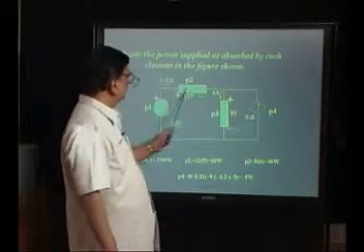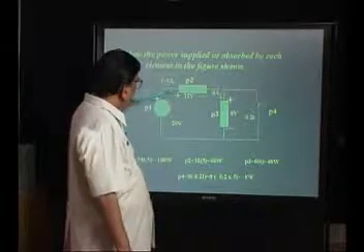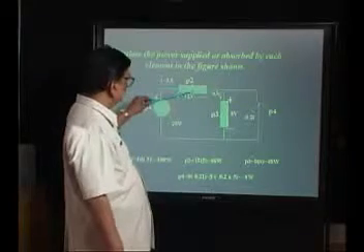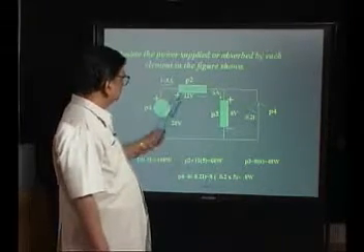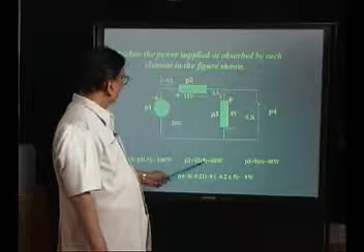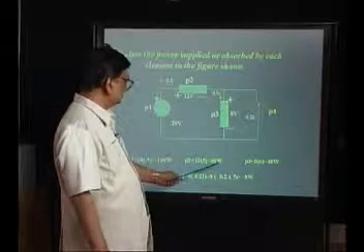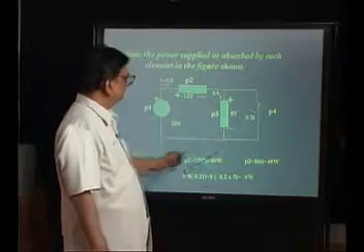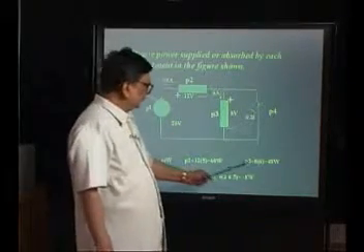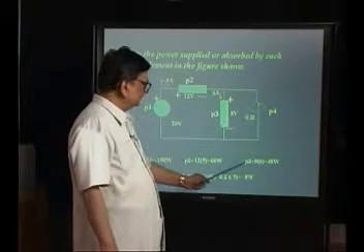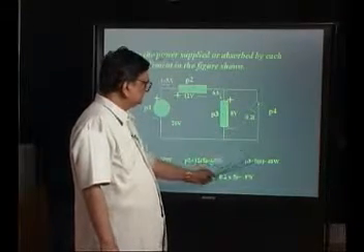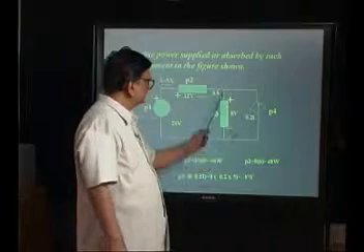Then what about this? Power is entering into the plus sign, that is why power is absorbed by this particular element. So, P2 is 12 volts multiplied by 5 amperes, which is equal to 60 watts. This is plus sign. And what about this? P3. P3 is again an element which absorbs the power. So, P3 is 8 volts multiplied by 6 amperes.